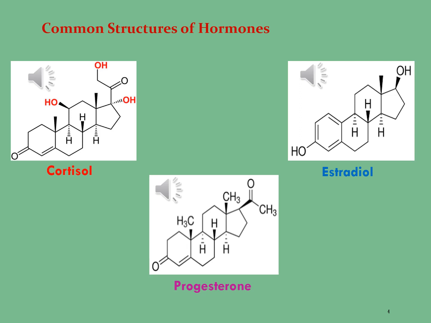The chemical formula of this molecule is C21H30O2, which means there are 21 carbon atoms, 30 hydrogen atoms, and 2 oxygen atoms, present at carbon 3 and carbon 17 positions. The molar mass of progesterone is 314.469 grams per mole and the melting point is 126.